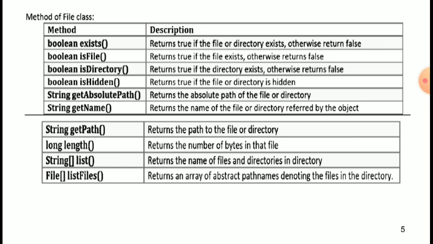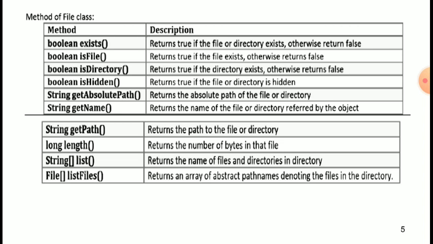Next are the methods of the File class. First column is the method and second is the description. boolean exists(): returns true if the file or directory exists, otherwise returns false. boolean isFile(): returns true if it is a file, otherwise returns false. boolean isDirectory(): returns true if the directory exists, otherwise returns false. boolean isHidden(): returns true if the file or directory is hidden.